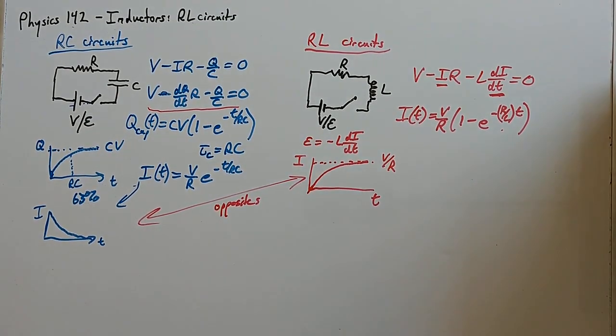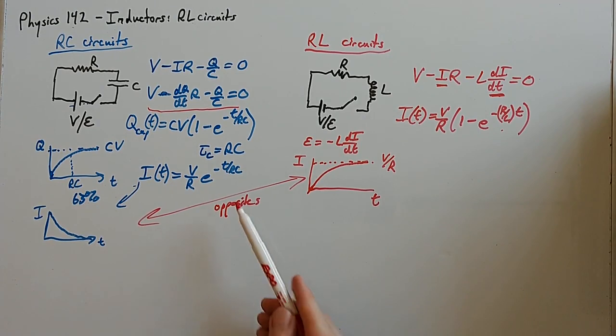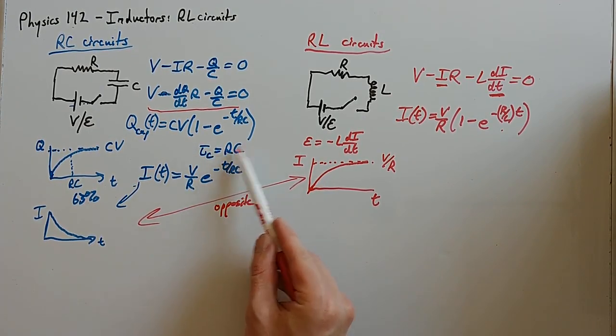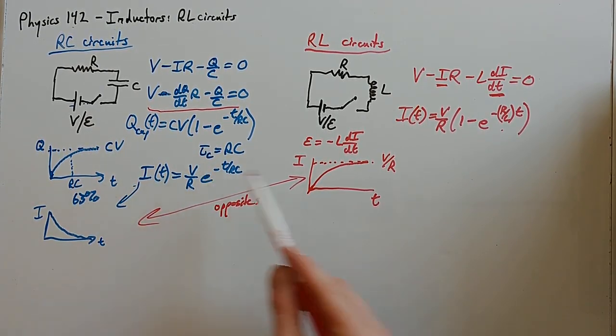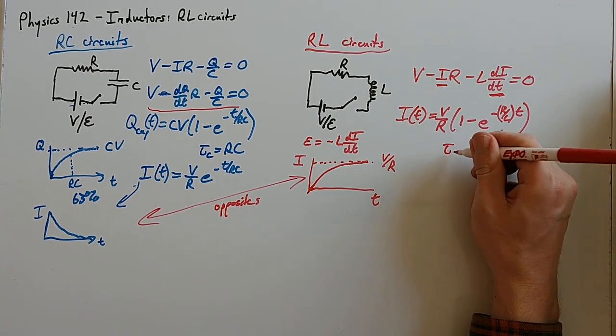So we'll mark that down. Now I should mention, right here, we defined this tau as RC, this time scale as RC. You can also define a tau for an inductor.